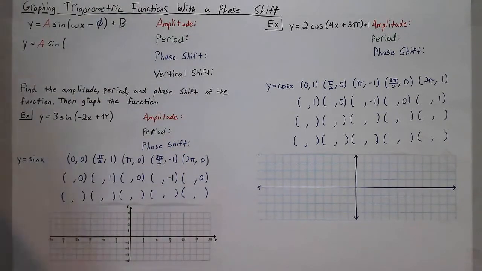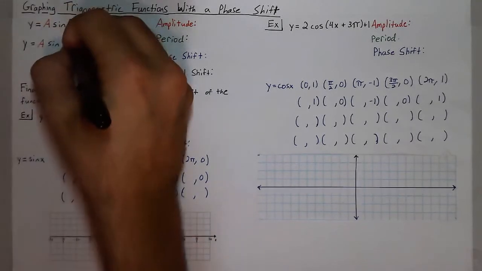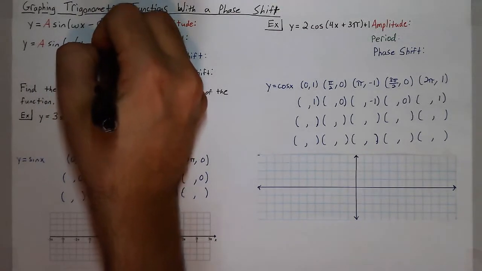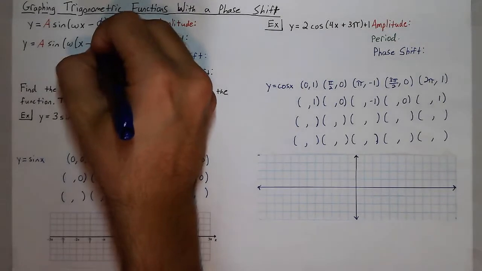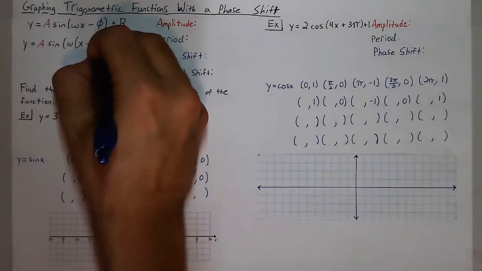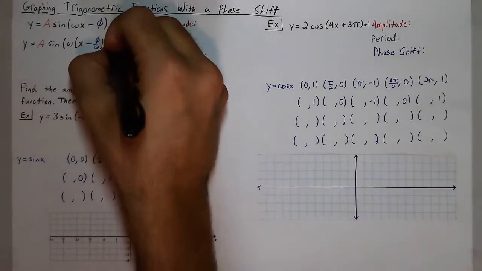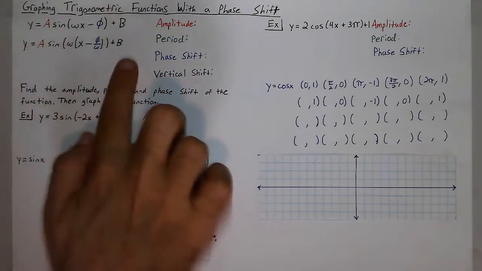So if I were to factor out omega, I'll end up with x minus phi divided by omega, plus b. Once that's factored out, you can see a list of everything that you can read just from the function alone.